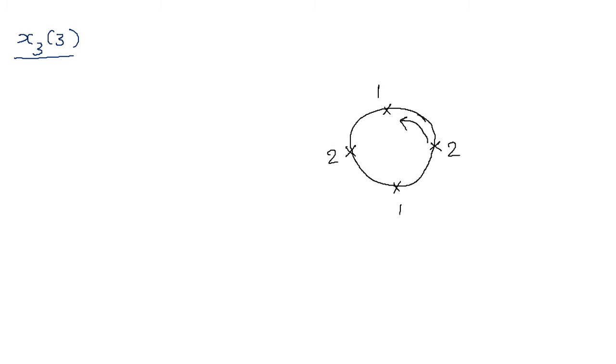Finally, we will find out x3 of 3. As we have done earlier, we represent our first signal x1 of n in the counterclockwise direction, starting at this point, that is 2, 1, 2, 1.